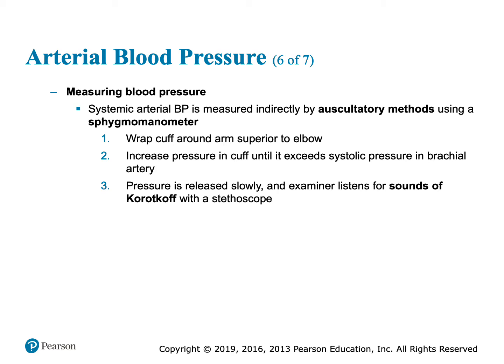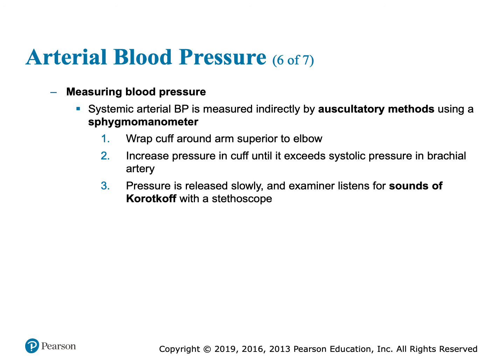You wrap the sphygmomanometer cuff around the brachial artery and squeeze. You inflate that cuff to about 160, pinching off the brachial artery so there is no flow. Then when you start to release pressure, you do it really slowly so that you can hear the first time the blood makes it through the brachial artery.